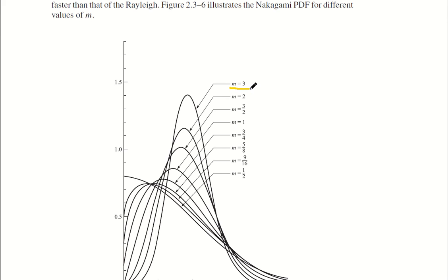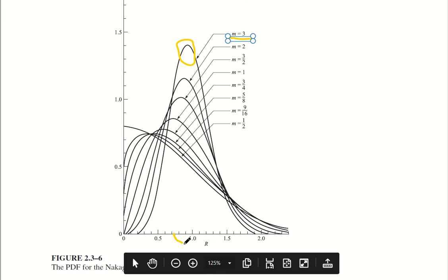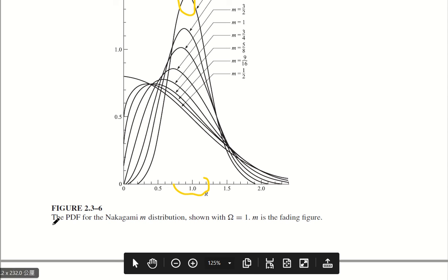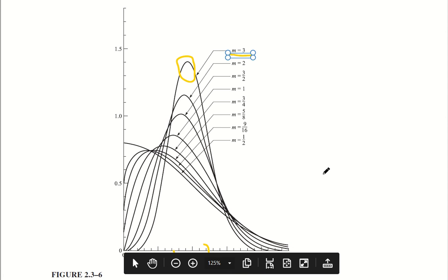So you see that m equal to 3 is very much concentrated, right? You see that the distribution is concentrated around this area. This is a Nakagami distribution with omega equal to 1, m is the fading figure.